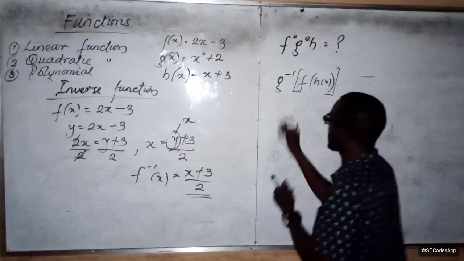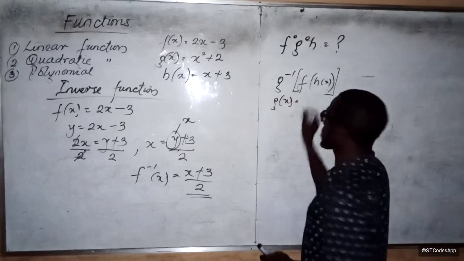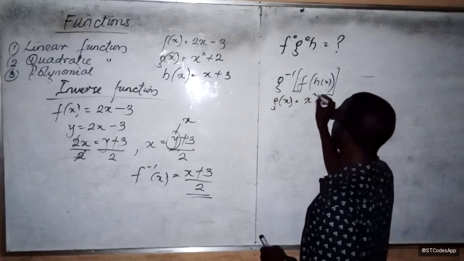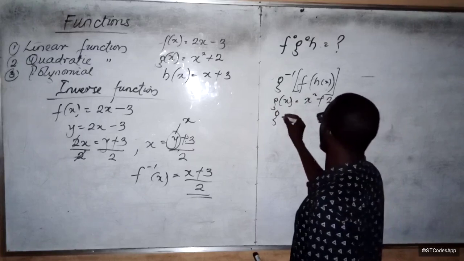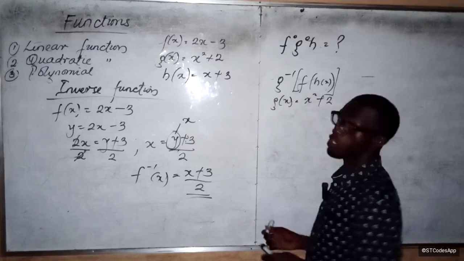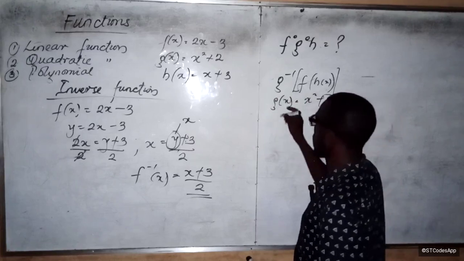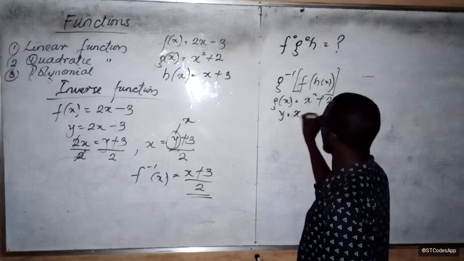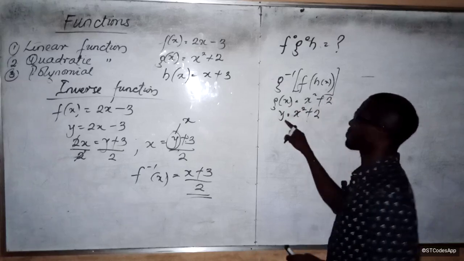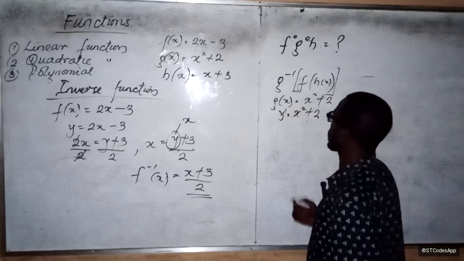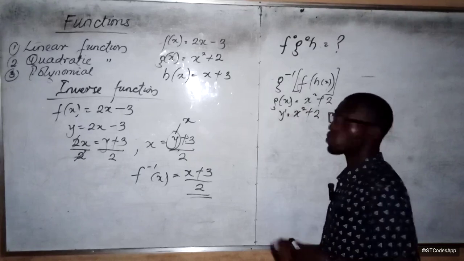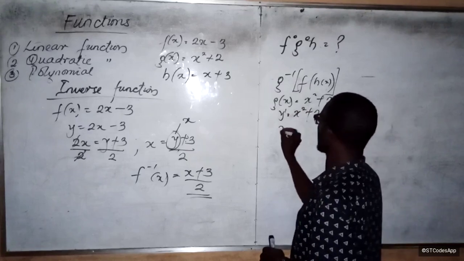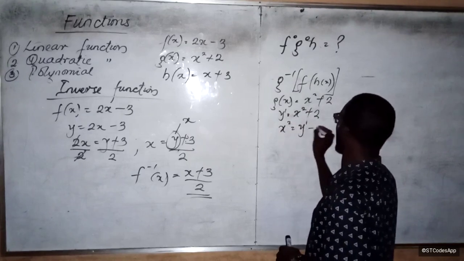All right. So remember that g of x is equal to x squared plus 2. From there, so what do we have for g? Let's make g of x our y now, x squared plus 2. I'm just making it a particular y, or maybe let's make y prime, since we've made f of x y the other time. So let's make this one y prime, so that we have x squared will be equal to y prime minus 2.